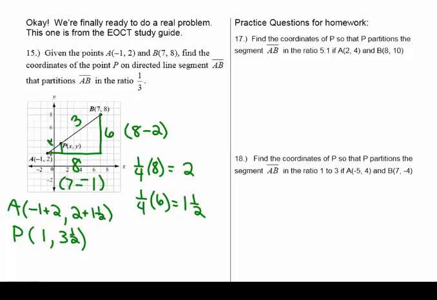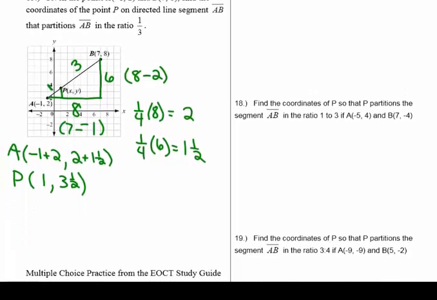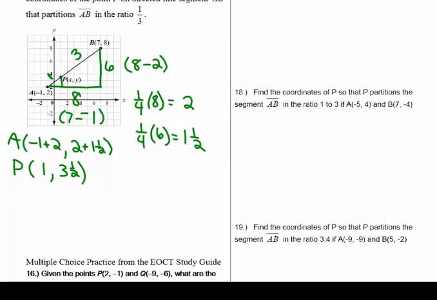Okay, and so we can check our answer by seeing, okay, well, if I add 3/4 of 8, so let's take a look at 3/4 of 8. If we take 3/4 of 8, that's going to give us 6. And if we take 3/4 of 6, that's going to give us, let's see, 9/2 or 4 1/2.